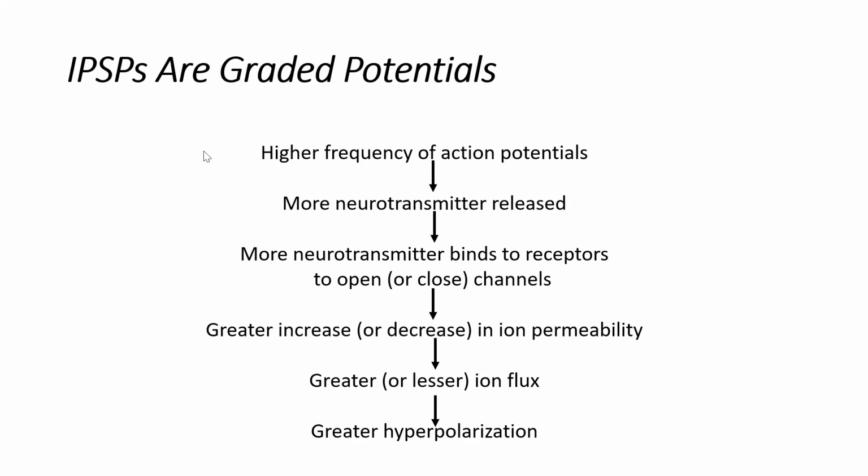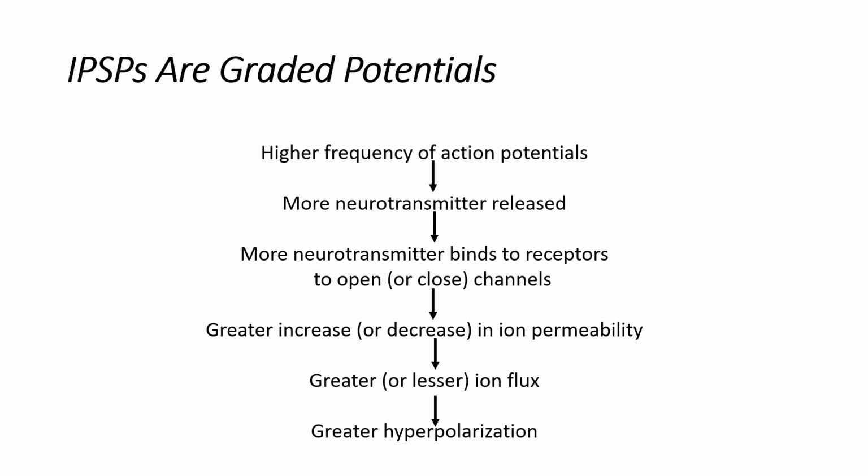And then the last thing I want to point out on this slide is really just looking at the frequency here. So this is how we talk about different types of stimuli. And we made this point before. In the nervous system, we cannot change the amplitude or the duration of action potentials. And so the way that we can communicate greater signals is by manipulating the frequency of the action potentials.